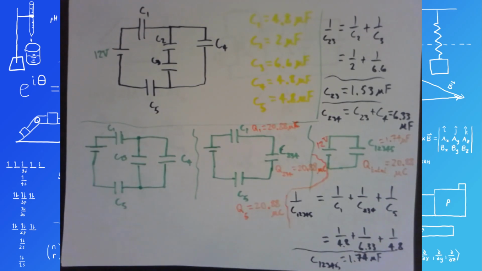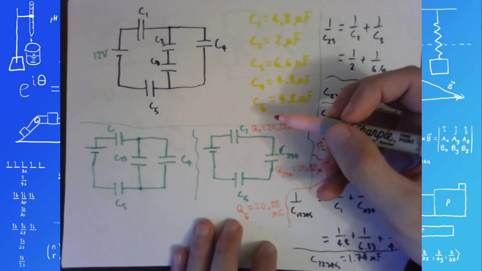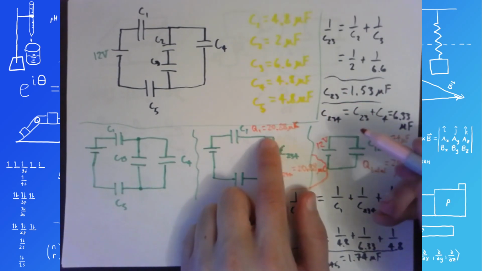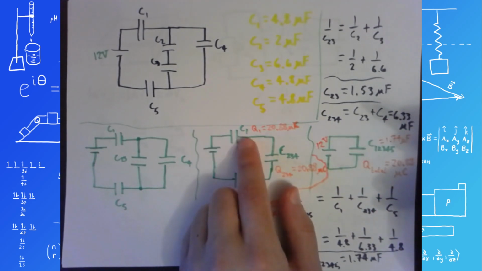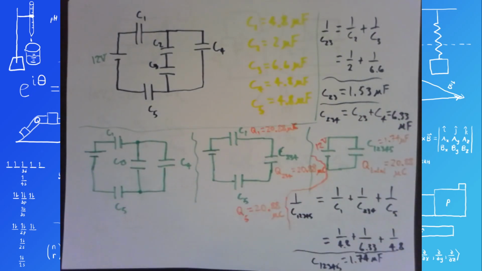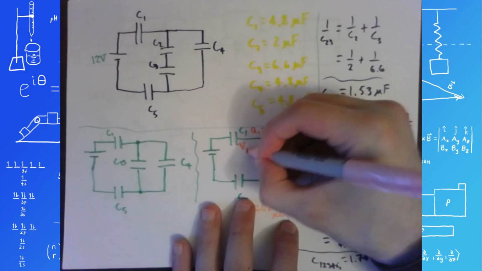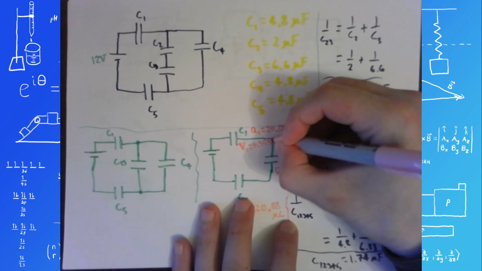Let's switch to this color since I haven't used it at all on this page. Q over C. So 20.88 microcoulombs divided by C1, which was 4.8, gives me 4.35. So I'll call it V1 equals 4.35 volts.